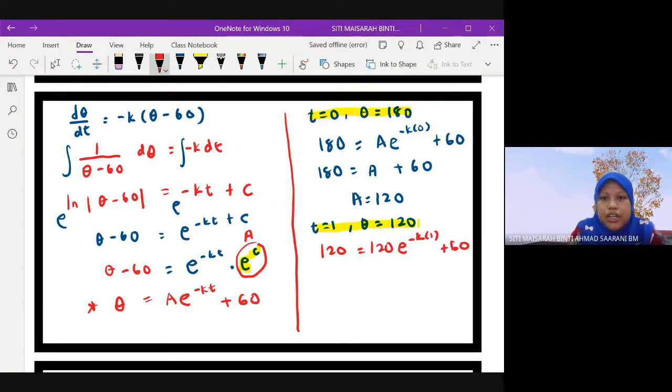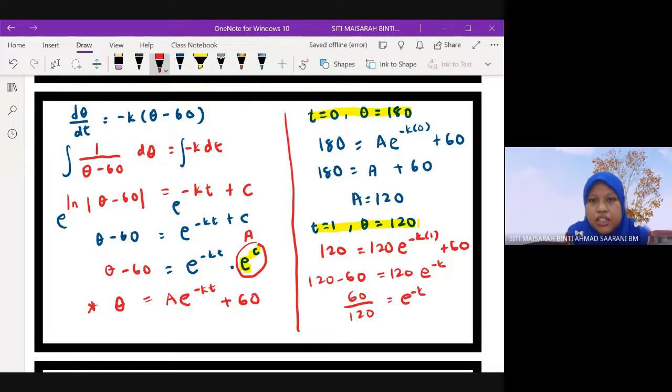So we get 120 minus 60 equals 120 E to the power negative K. So then 120 minus 60 is 60 over 120 equals E to the power negative K. So then ln both sides. This is actually 1 over 2.